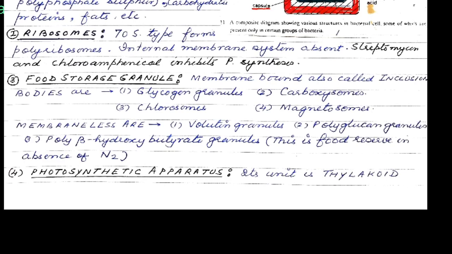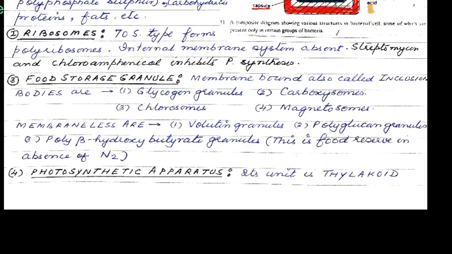Membraneless granules are volutin granules, polyglucan granules, and poly-beta-hydroxybutyrate granules. This poly-beta-hydroxybutyrate granule is the reserve food material when no nitrogen is present in the environment.